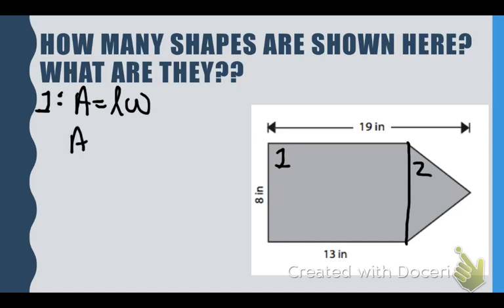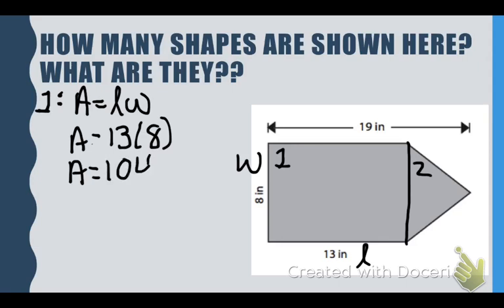So my area is going to be, length is 13, width is 8. So 13 times 8. So A equals 13 times 8, 104 inches squared. So again, for my benefit, I'm going to label.